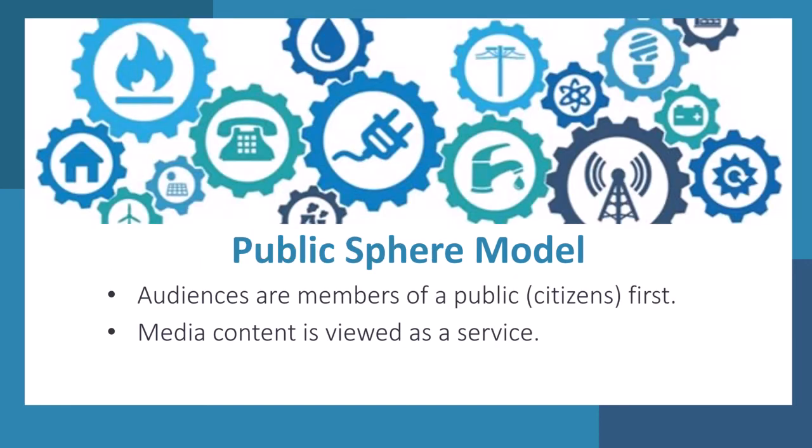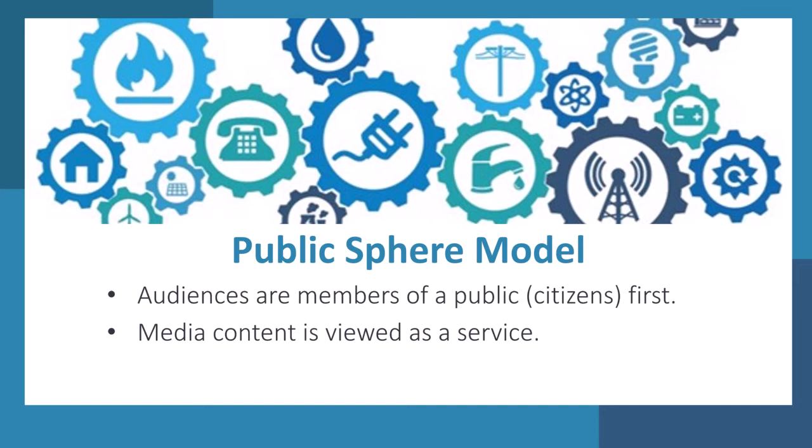On the other hand, the public sphere model refers to media serving a special role in society with its content, advancing ideas, and ultimately promoting democracy. Public sphere orientation of the media means that audiences are thought of as members of a public first, and media content is viewed as essentially a public service.